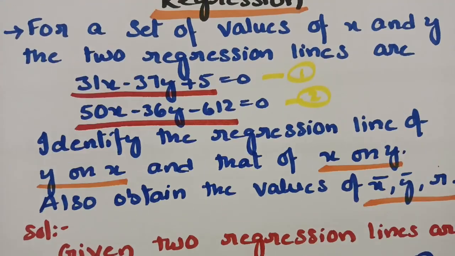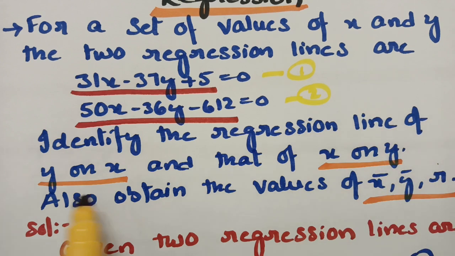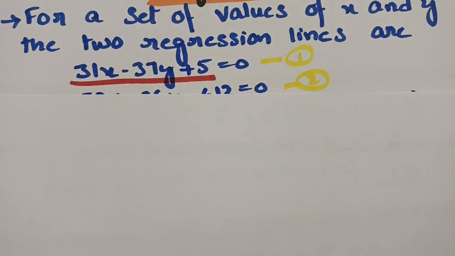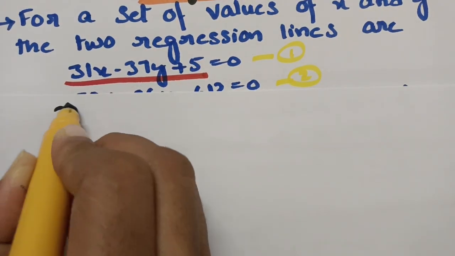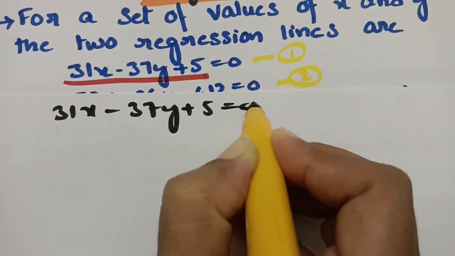So after getting x bar and y bar, now we have to identify the regression line of y on x and x on y. So let's start with x on y. So this is the first equation. The first equation is very clear: 31x minus 37y plus 5 is equal to 0.